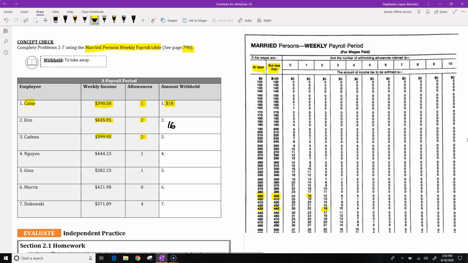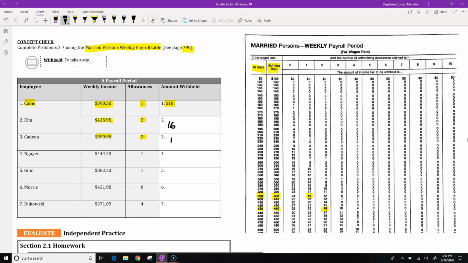I go to my table and I look for a number where 399.95 fits. So again, 390 at least, right? Right here we had it already marked, and less than 400. So again, she has 2 allowances, so I am going to choose 18 again.